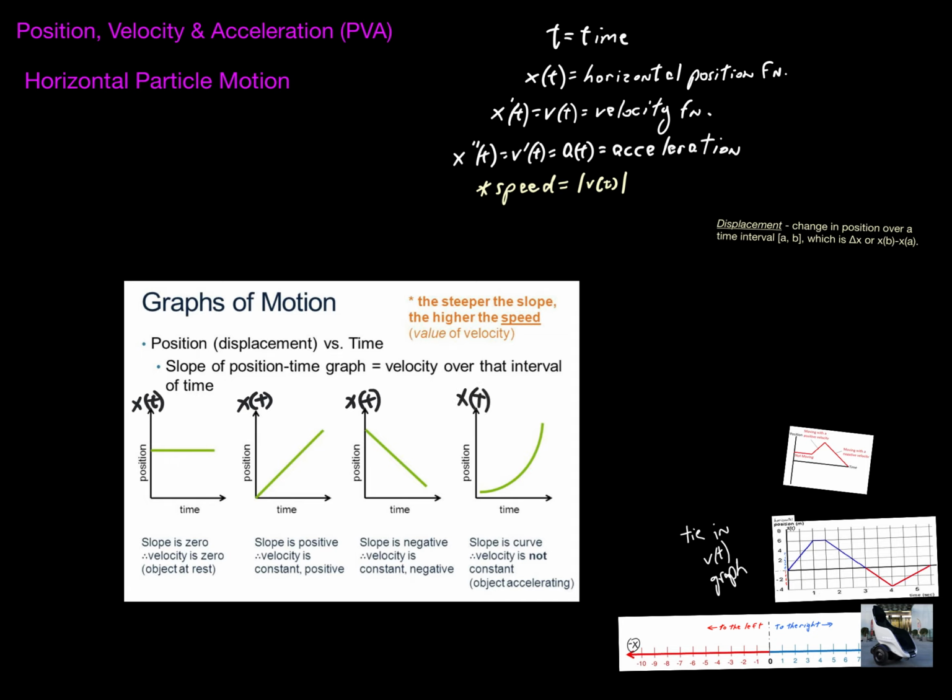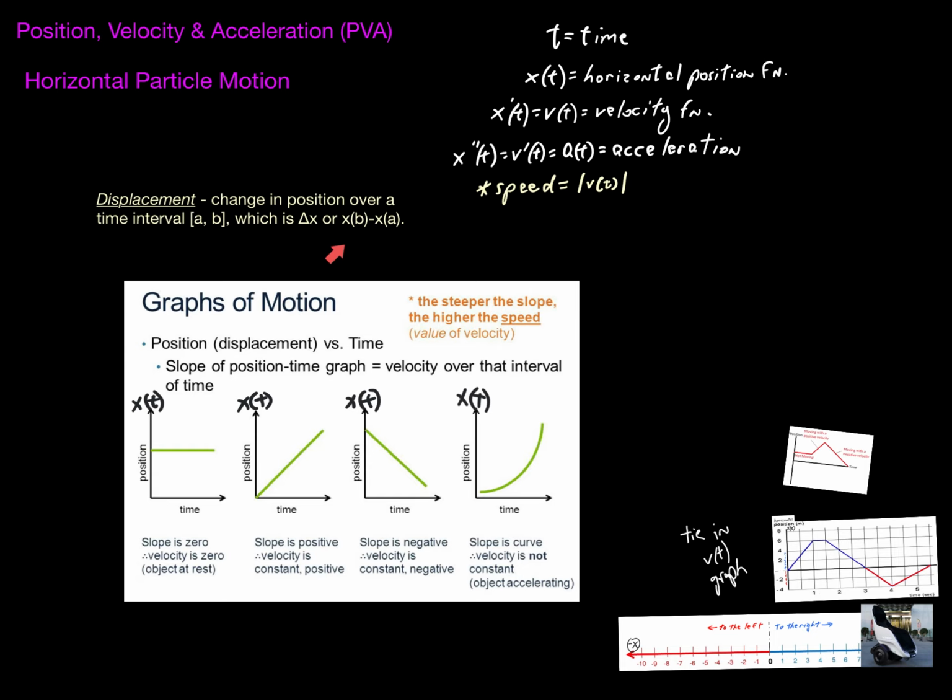Well, let's see what it says. So your position, displacement. Let me talk about displacement for a moment, over time versus time. Displacement is nothing more than the change in position over time. And the change in position, if that's your x, is the change in x values. The change in x values over an interval would be delta x.